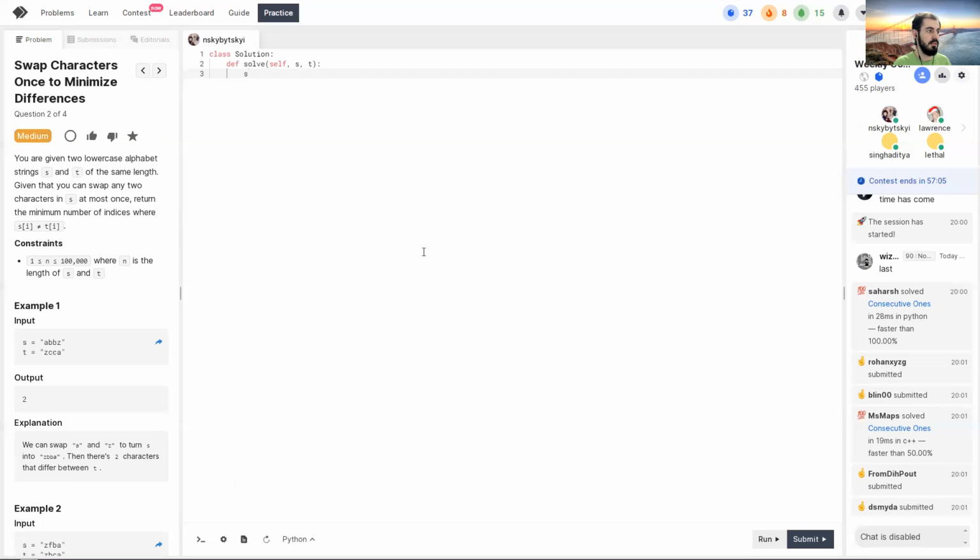I guess we'll have two strings, and n is going to be the length of these strings.